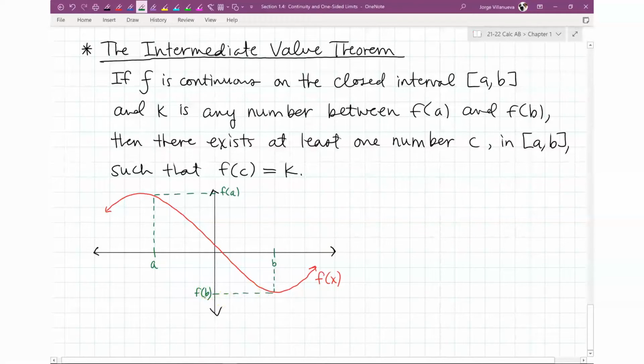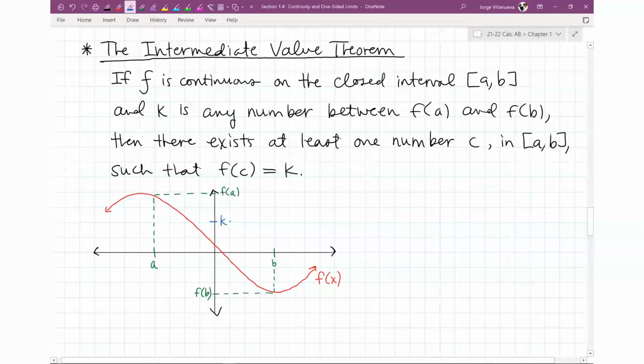So they said k can be any number, but it has to be between f of a and f of b. Okay? So I'll pick, let's just pick it right here. So far, am I meeting all the requirements of my theorem? Yeah, k is in between. There's a function that's continuous on the closed interval from a to b. Okay, so everything is good so far.